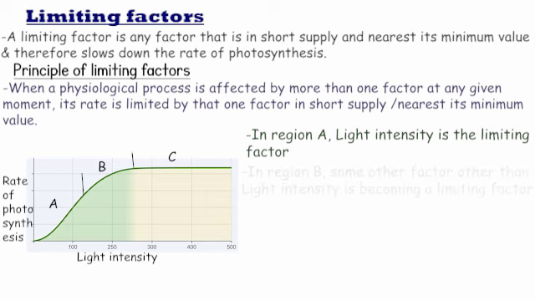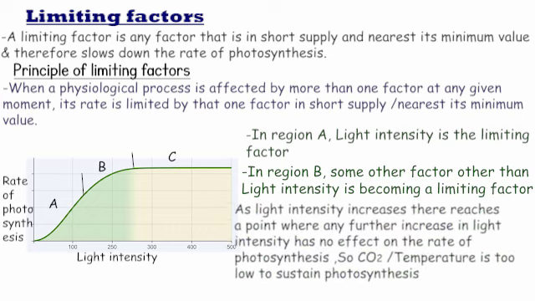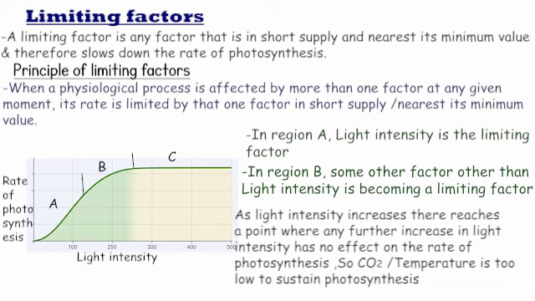So now in region B, some other factor other than light intensity is becoming a limiting factor. So here, light intensity and some other factor, maybe carbon dioxide concentration or temperature, is becoming the limiting factor. So here, as light intensity increases, there reaches a point where any further increase in light intensity has no effect on the rate of photosynthesis.